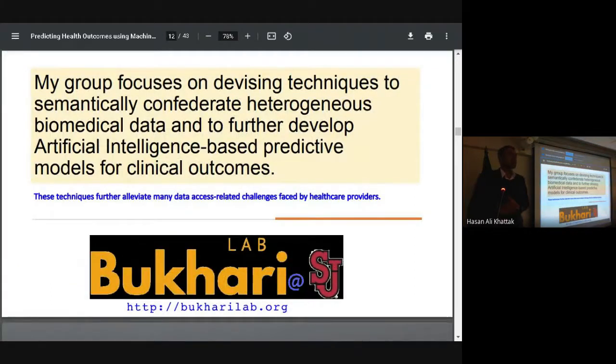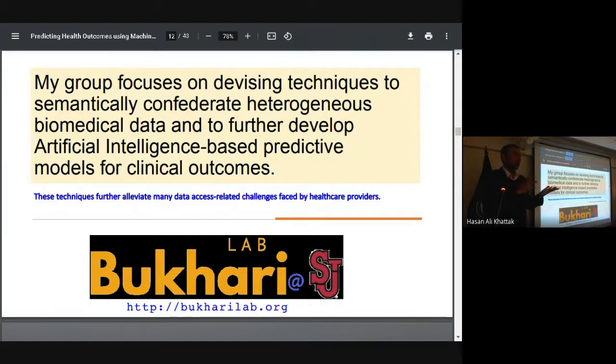So here comes my group. My group focuses on devising techniques to semantically confederate, to interlink, link, mix, and join this heterogeneous type of data which I just showed you. After that, we develop different artificial intelligence based algorithms for clinical outcomes.